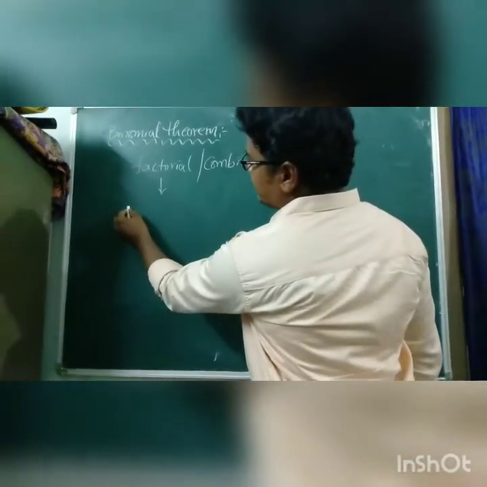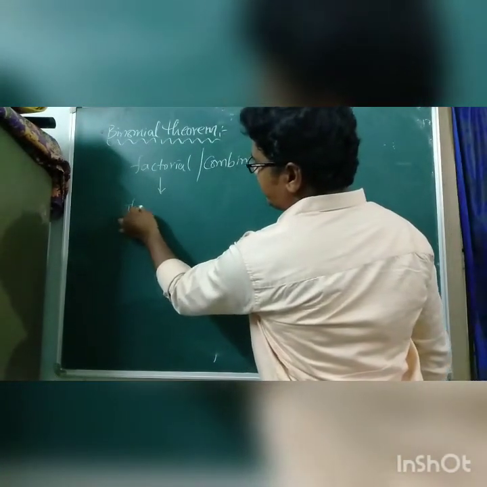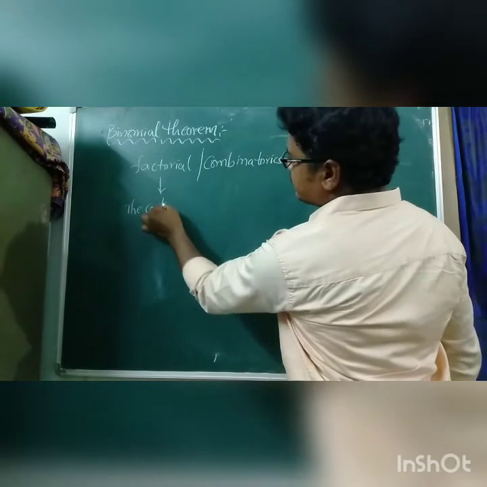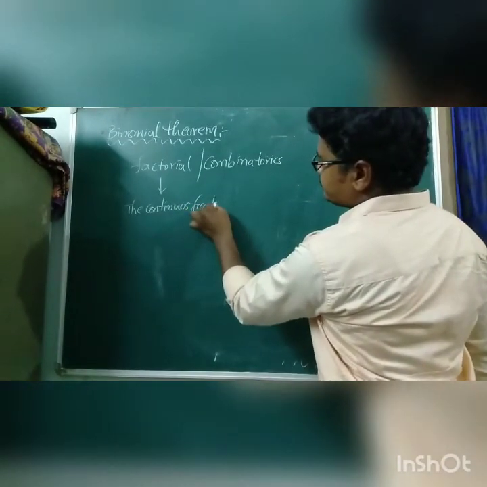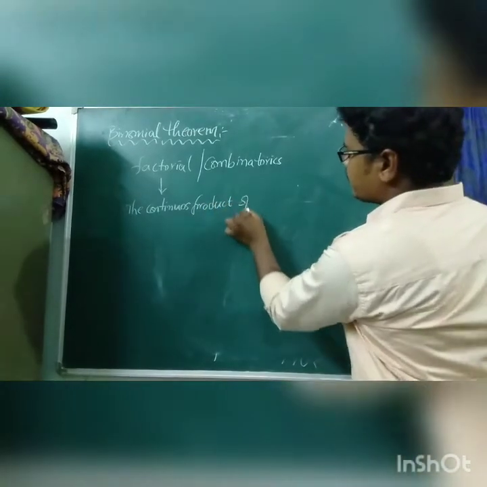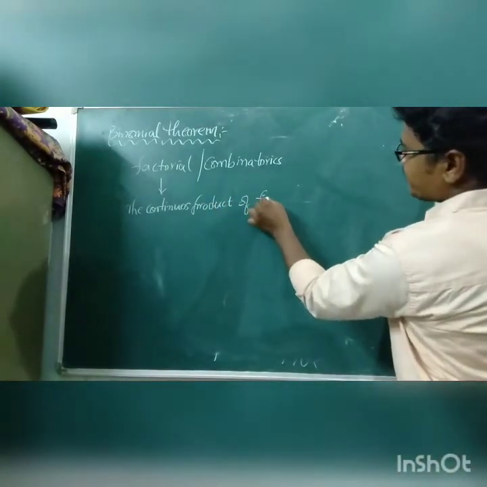What do you mean by a factorial? Factorial is nothing but the continuous product of the first n natural numbers.